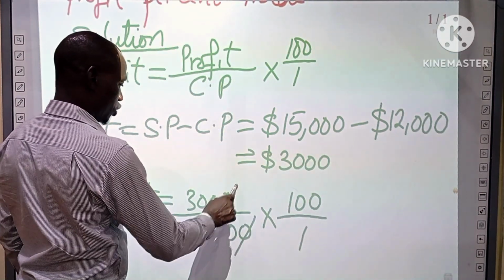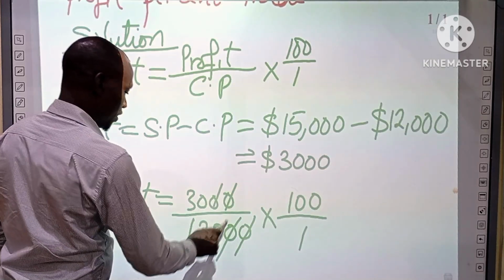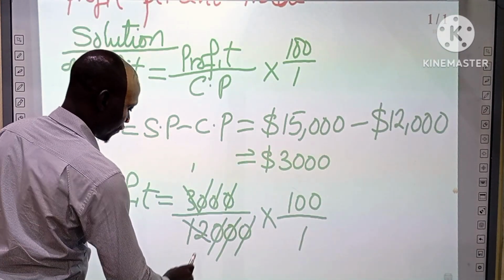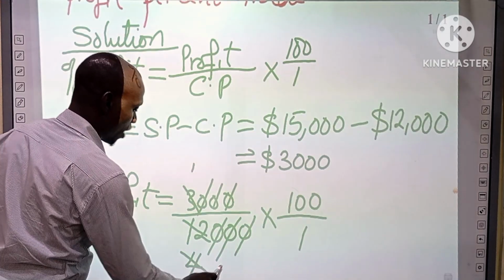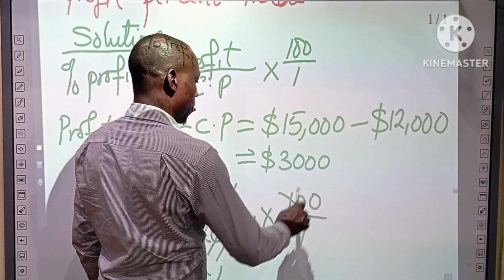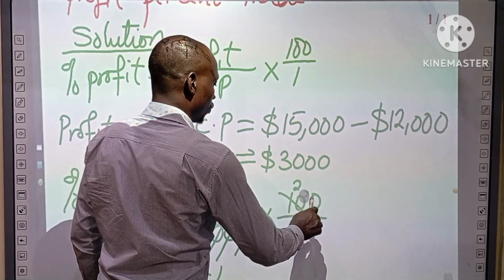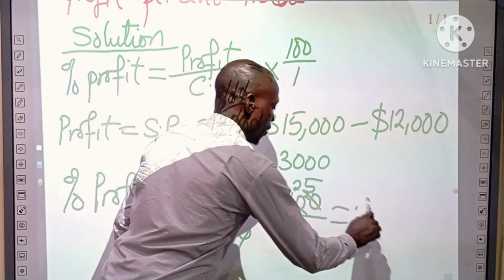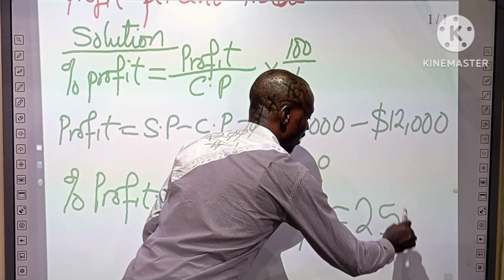So we can take this off, this off, this off. 3 here, 3 in 12 gives us 4. 4 here, 4 in 10 is 2 remainder 2, 4 in 20 gives us 5. So in this case, the percentage profit is 25%.